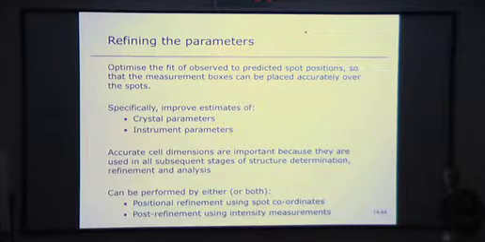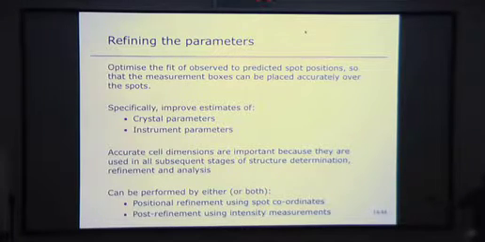In other words, we can accurately locate the spot positions and measure what's actually where we want it to be measured. Two things we do here. We improve the estimate of the crystal parameters, the cell parameters, and the crystal orientation, and also the instrument parameters, things like the crystal to detector distance, the direct beam position on the images, the tilt and the twist of the detector, and things like that.